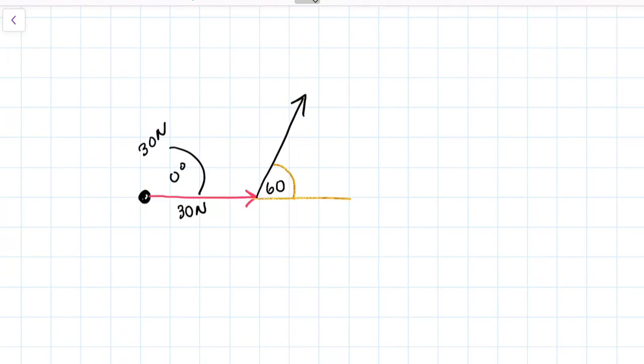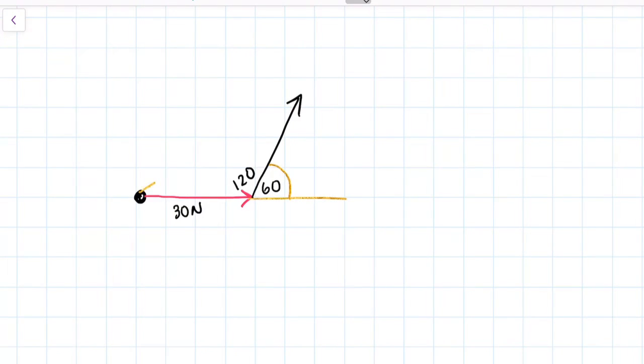And that means this is 120 here. And now this is our resultant vector.